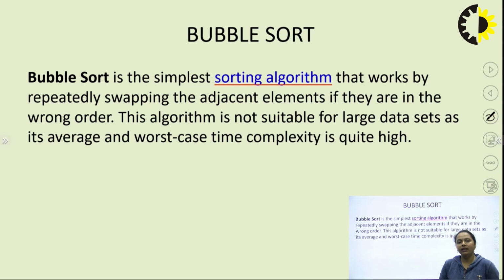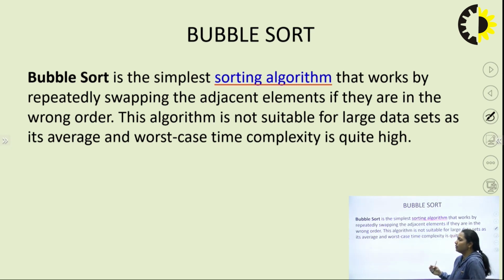Means each and every time the order of adjacent elements is compared, and if the order is wrong, then swapping is done. If the order is correct, then we move towards the next two adjacent elements, and this process will repeat until we have a sorted list.